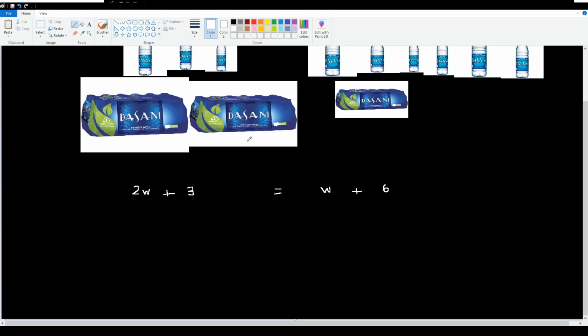So this expression is how many water bottles that Gerald has, and this expression is how many water bottles that you have, okay? So when solving an equation, you want to look to combine like terms and maintain that balance between both sides. In order to maintain the balance, you have to do the same things that you do on one side to the other side, okay? So we can start by trying to combine like terms.